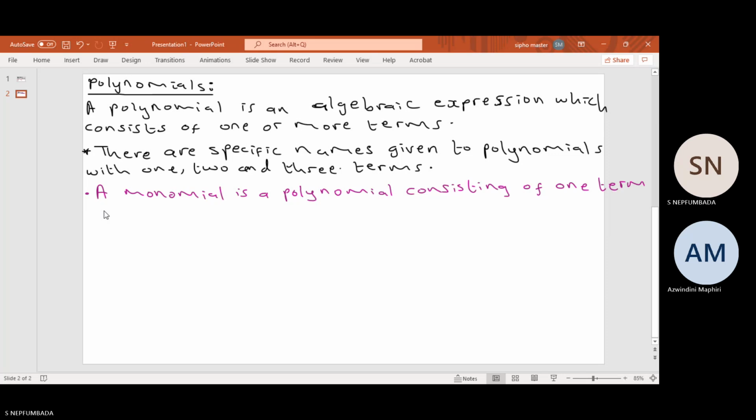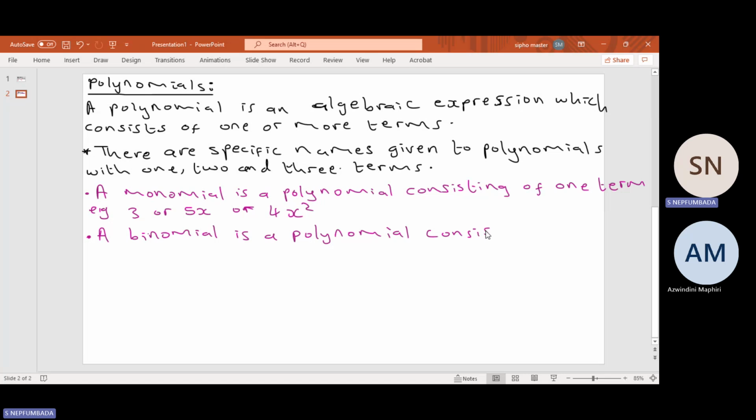For example, we can say 2x or 5x or 4x squared. How good. Yes. And we've got a binomial. A binomial is a polynomial consisting of what? 2 terms.